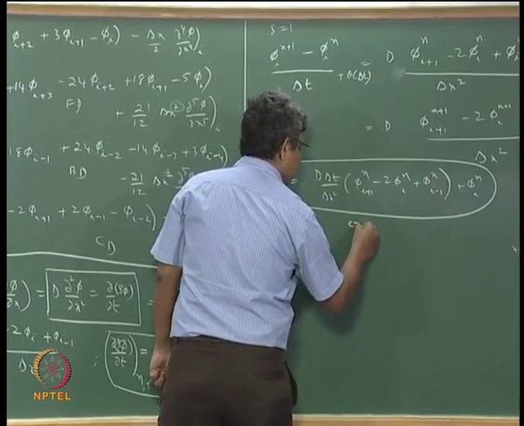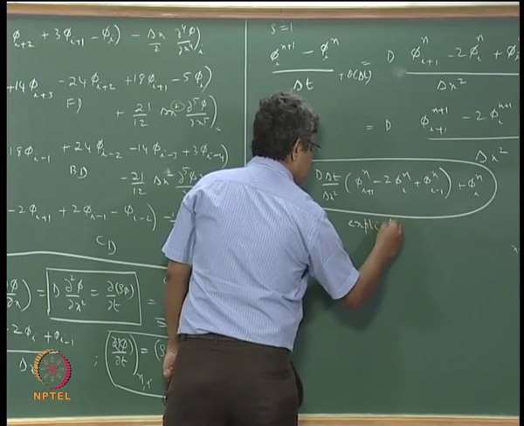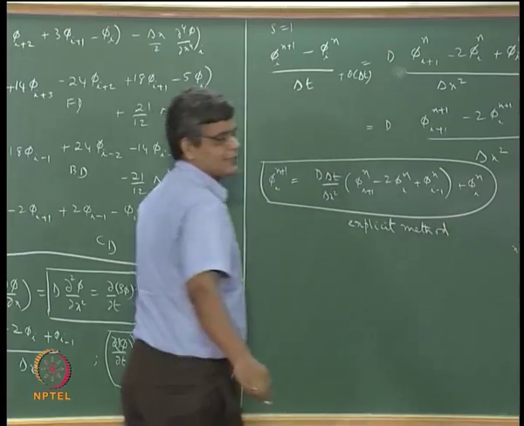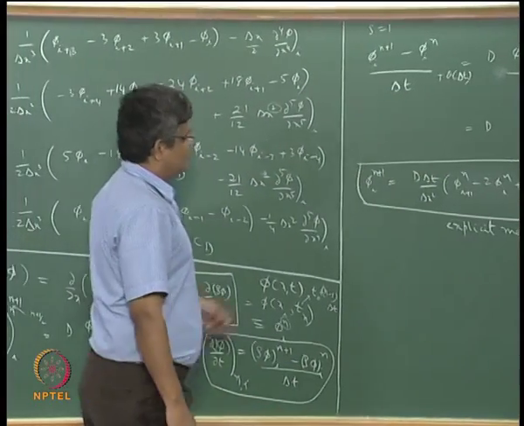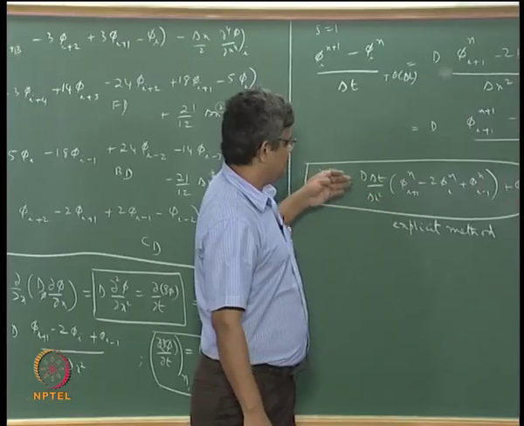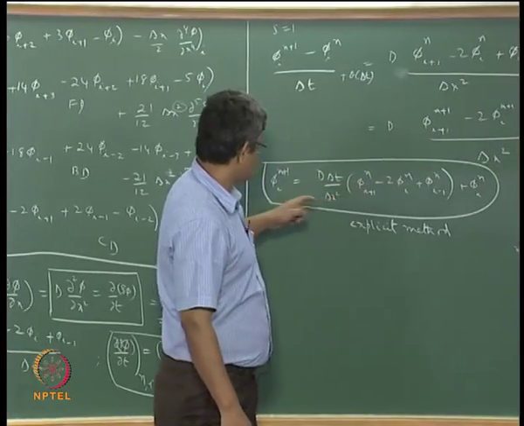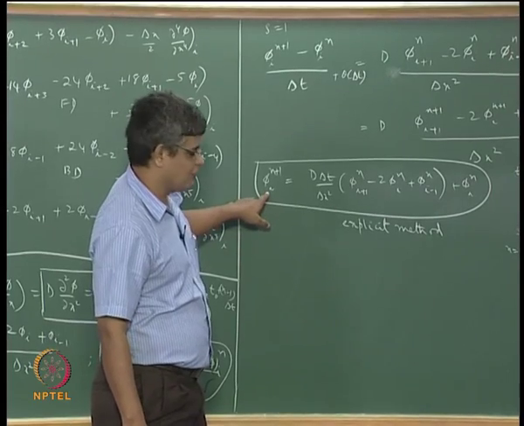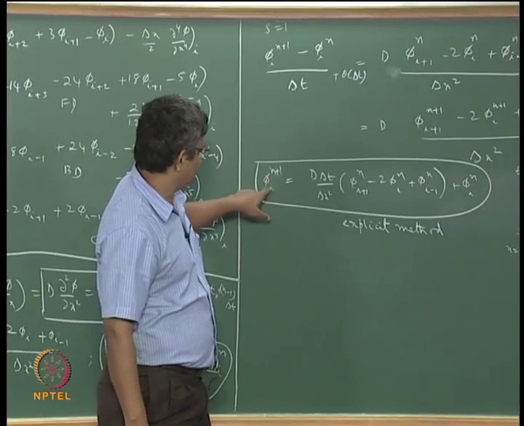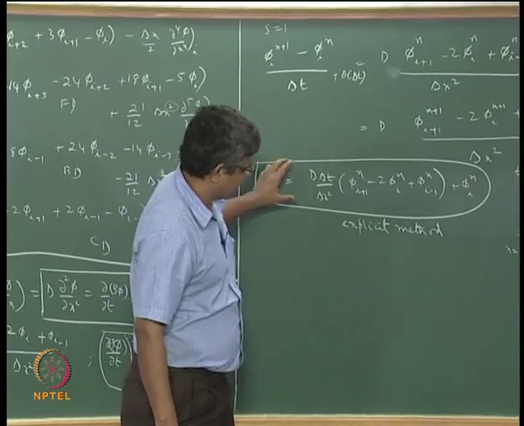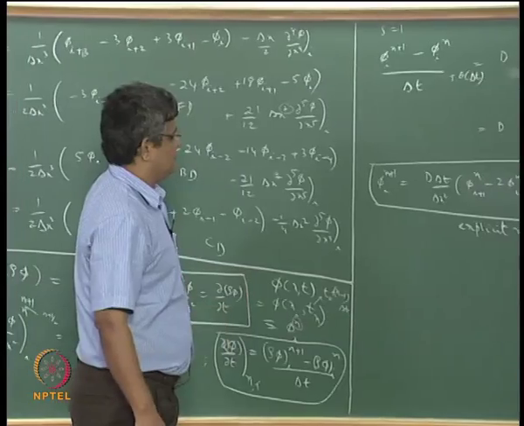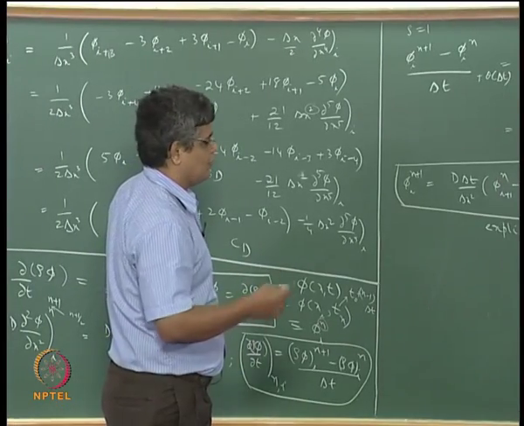So this is called an explicit method. It is not implicit, okay. And in the explicit method, everything on the right hand side is known, and so the left hand side, which is the value that we want at a particular point, okay, in terms of space and time, can be computed explicitly and very easily in terms of the values that are already known.